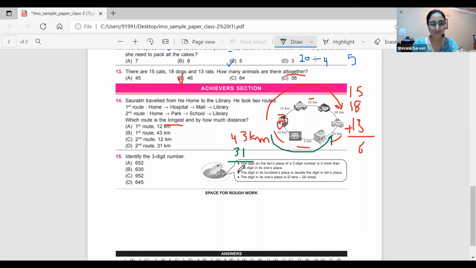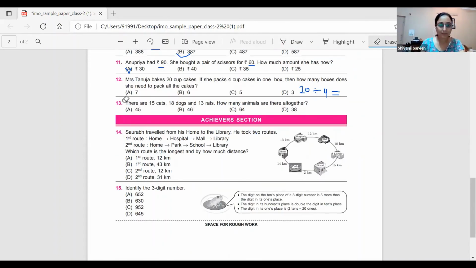But be smart. The total distance is 43, so no need to calculate, because the difference cannot be 43 or more than 43. So the correct option has to be option 1, which is A.